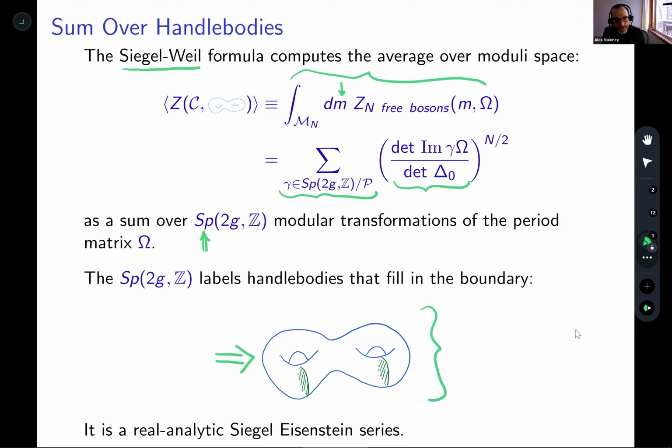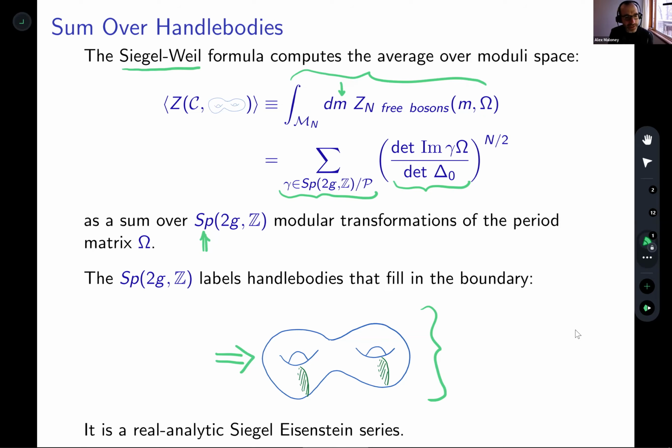But now, because the bulk requires a choice of cycles, there are going to be many such bulk configurations, which correspond to different choices of cycles that are contractible in this 3-manifold. And this modular group just permutes your choice of cycles that are contractible.